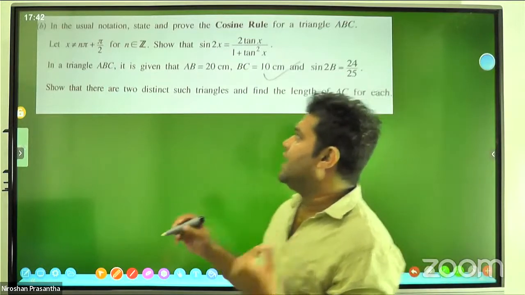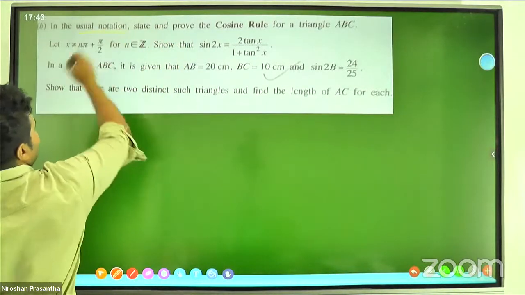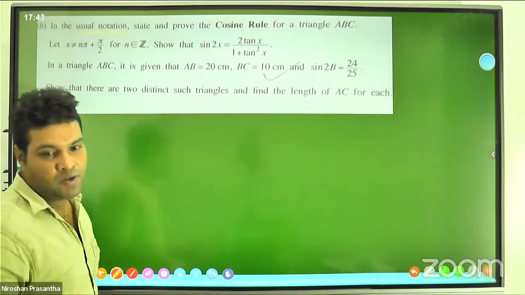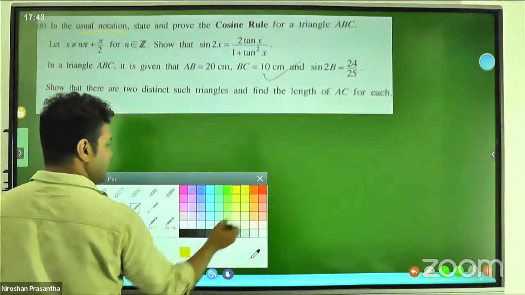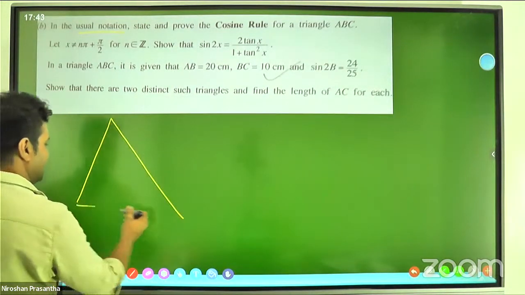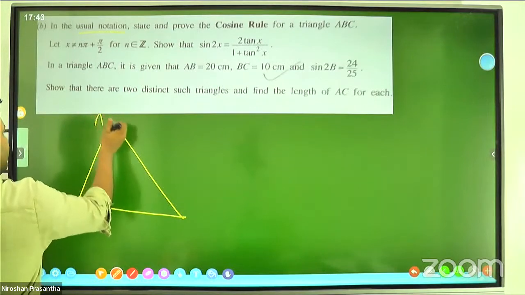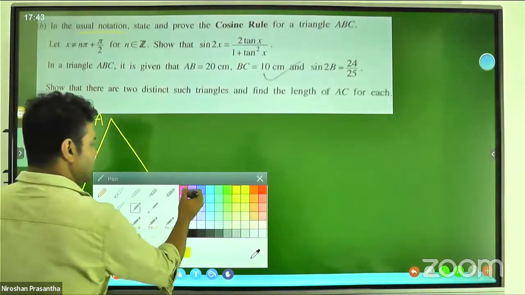But you can state the usual notation. In the usual notation, we have to state the cosine rule. We can draw the triangle, named ABC.